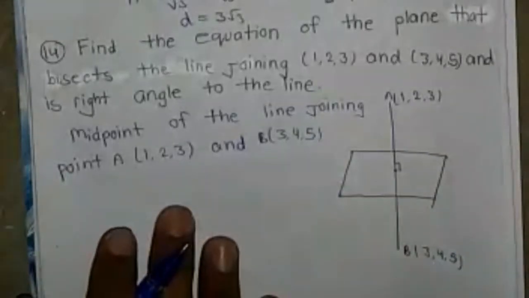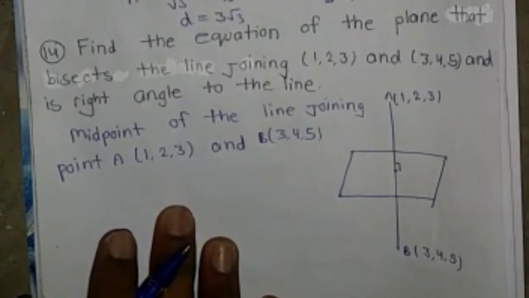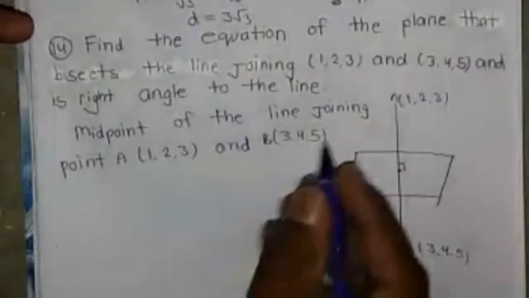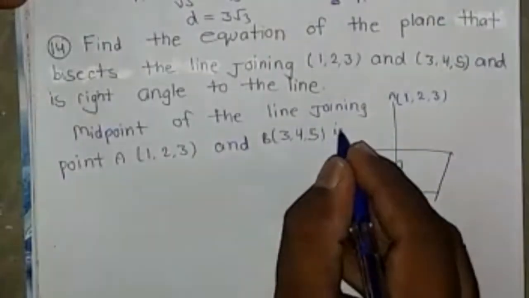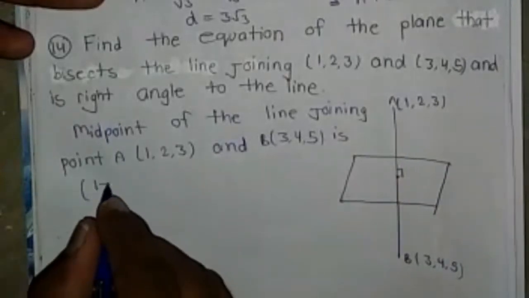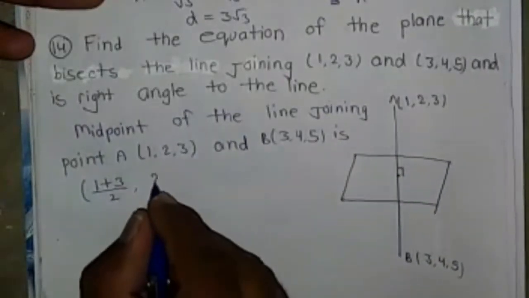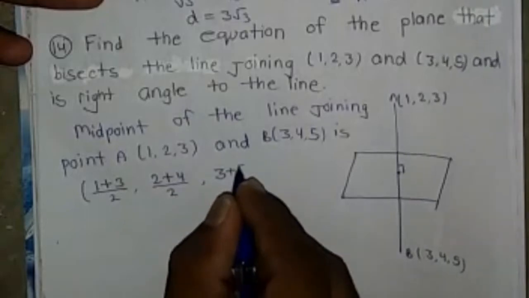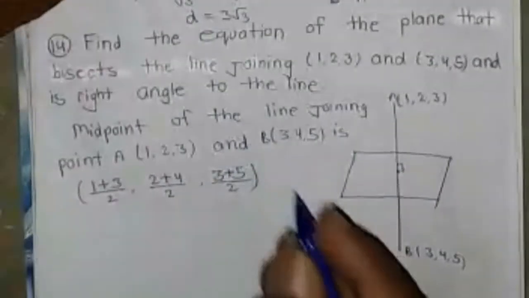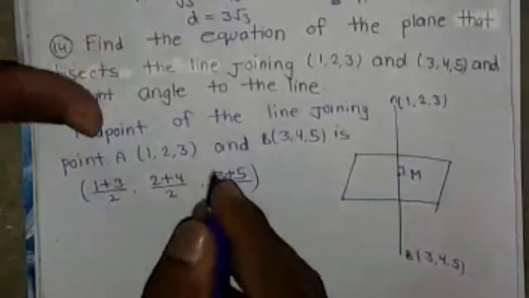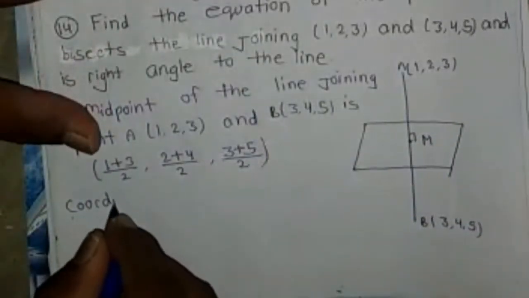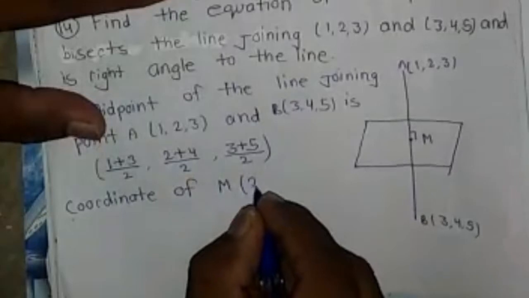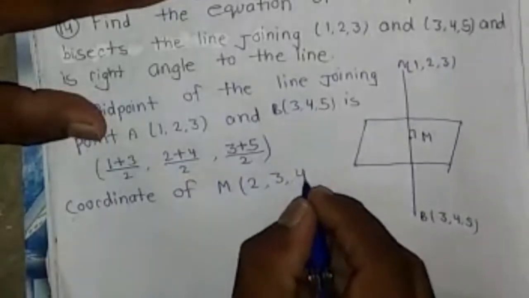We know that the midpoint of the line joining points (x1, y1, z1) and (x2, z2, y2) is given by (x1 plus x2)/2, (y1 plus y2)/2 and (z1 plus z2)/2. Then (1 plus 3)/2, (2 plus 4)/2, (3 plus 5)/2, and let it be M. Means the coordinates of M are (2, 3, 4).